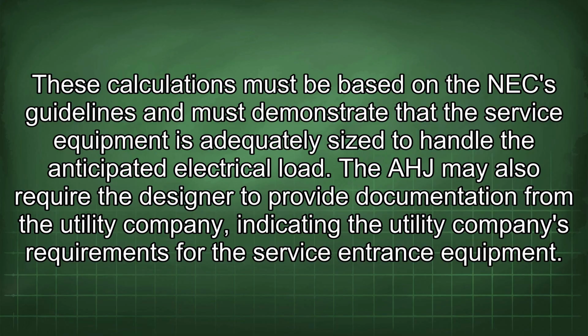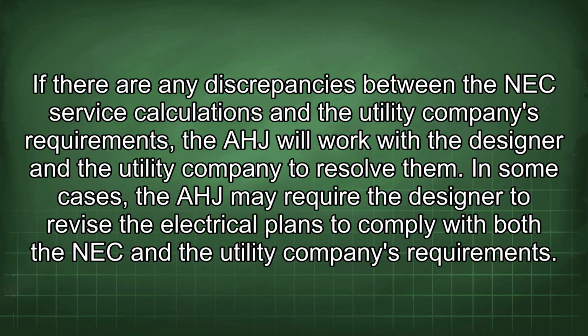The AHJ may also require the designer to provide documentation from the utility company indicating the utility company's requirements for the service entrance equipment. If there are any discrepancies between the NEC service calculations and the utility company's requirements, the AHJ will work with the designer and the utility company to resolve them.